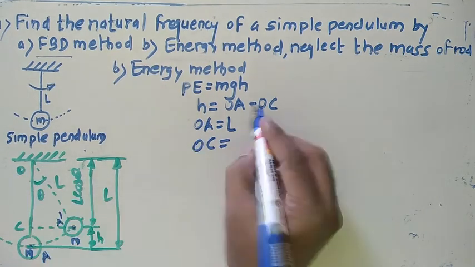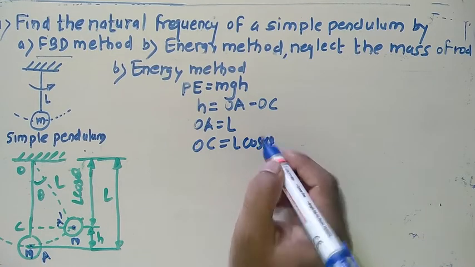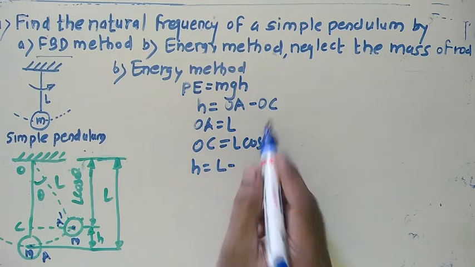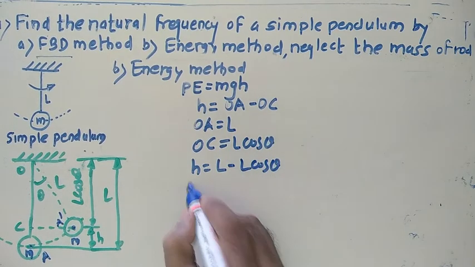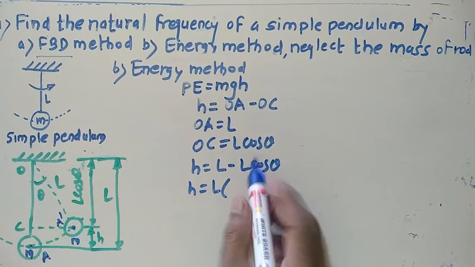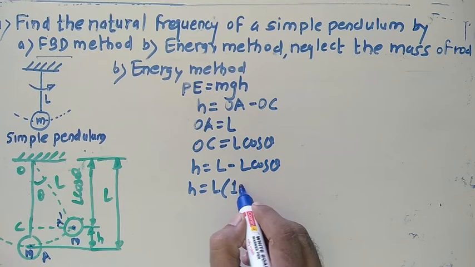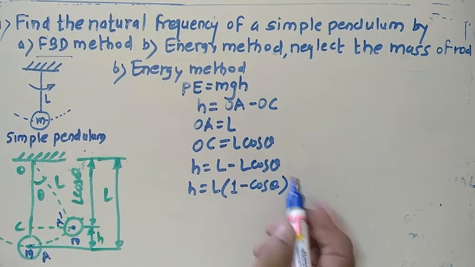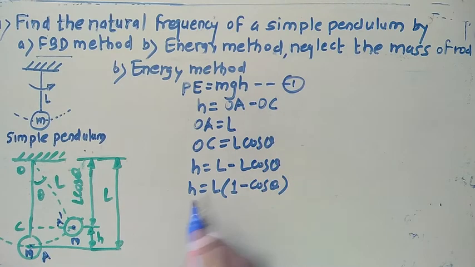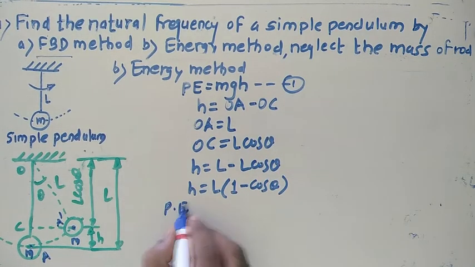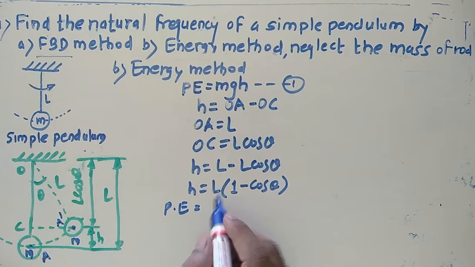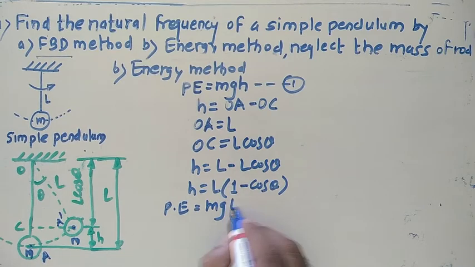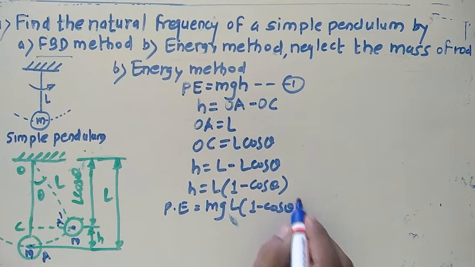From this geometry, OC is L cos theta. So H is nothing but OA, which is L, minus OC, which is L cos theta. Taking L as common, you can get H as L into (1 minus cos theta). So the potential energy equals mg into H, that is mgL into bracket 1 minus cos theta.